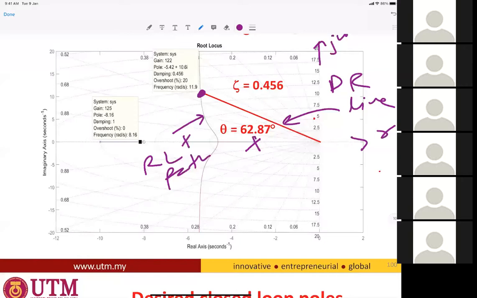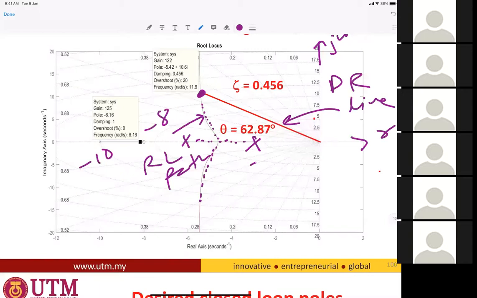Isn't that the dominant pole? No, no, no. Open loop is open loop. Because when we talk about root locus, we are talking about closed loop. I see. Each point of this is a closed loop with different K value. The function just now has -8 open loop zeros, -10 open loop poles.